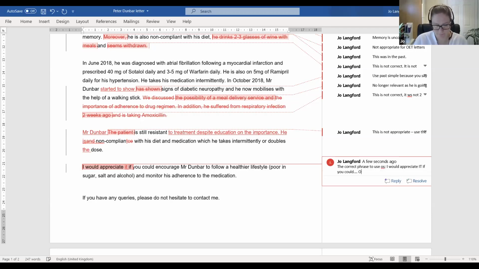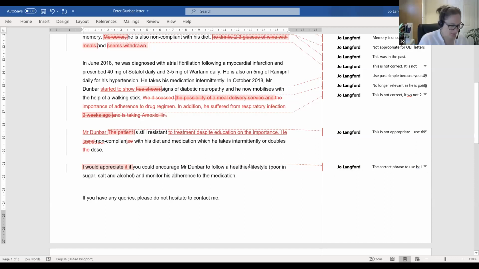Or it would be appreciated if you could, blah, blah, blah. Okay. It's commonly mixed up. I find students sometimes mix up the two. Do learn them, get them right. I would appreciate it if you could encourage Mr. Dunbar to follow a healthier lifestyle.